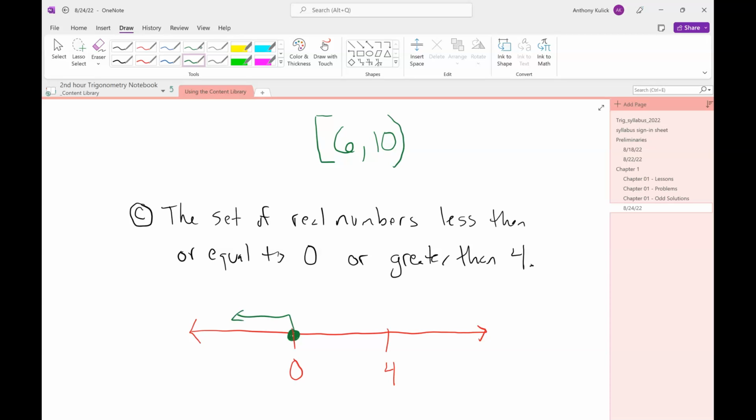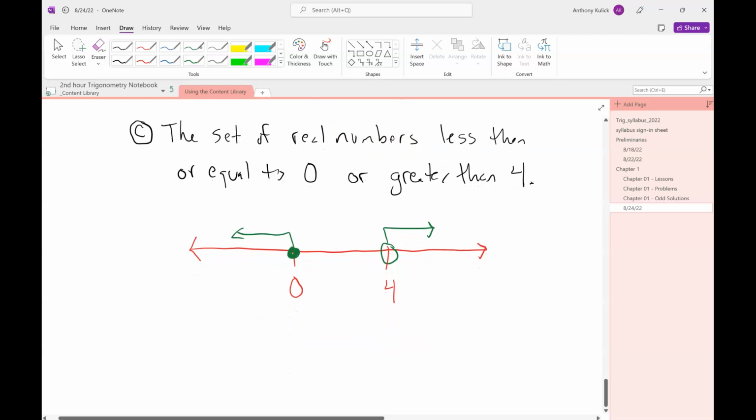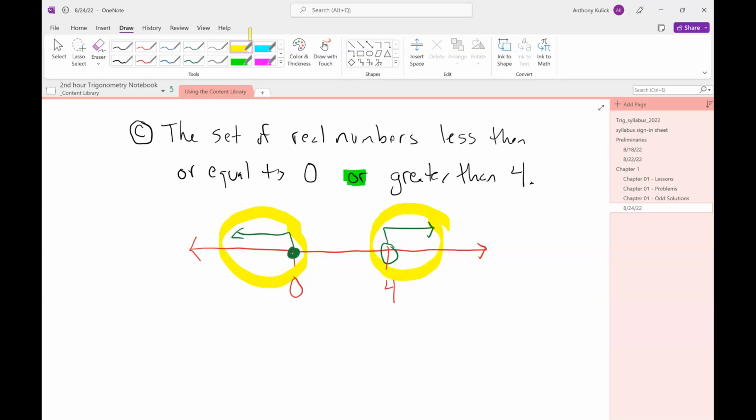And then we have or greater than 4. So 4 gets open and the arrow's going very good. So notice that these arrows are not meeting. The key word here that I'm seeing is the or. This is going to tell me that I'm going to write one interval for this piece and a separate interval for that piece.